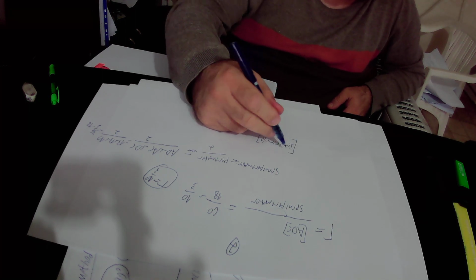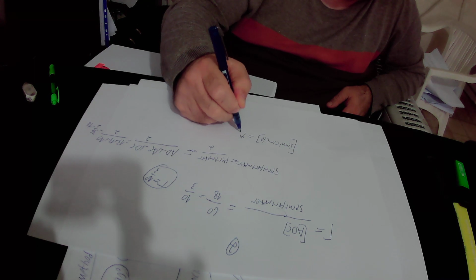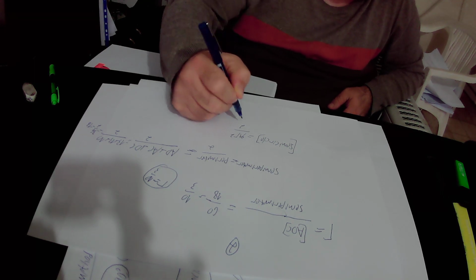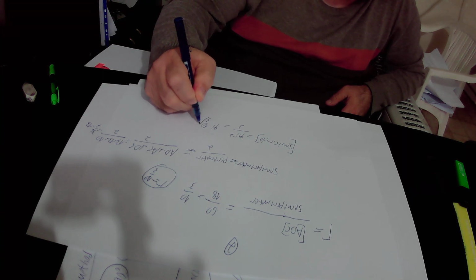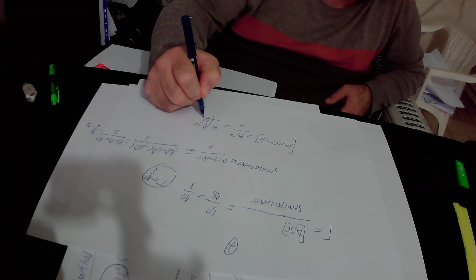is equal to pi r squared over 2. We found that r equals 10 over 3, so r squared is 10 over 3 squared.